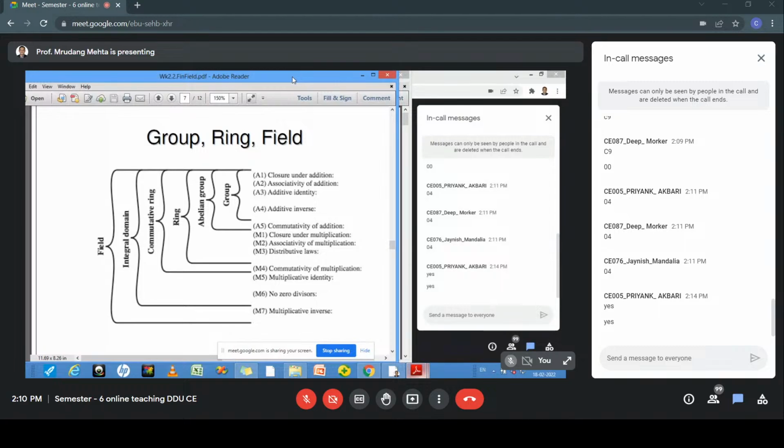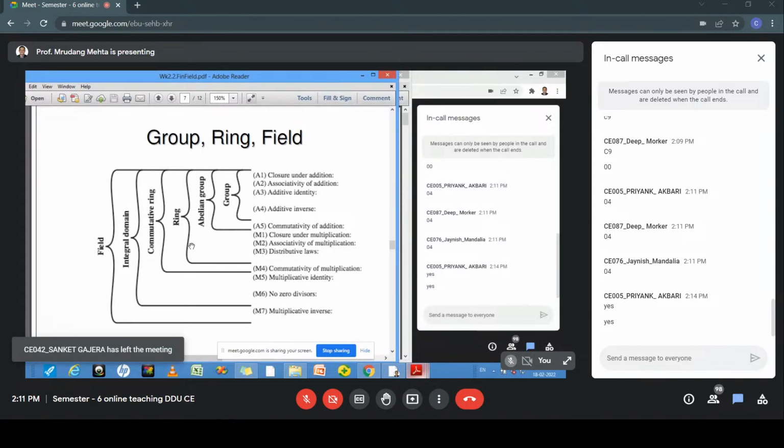Group has 4 properties. Abelian group has 5 properties, including commutative, and an extension of that is ring. So ring has closure, associative, distributive, and commutative of multiplication and multiplicative identity.